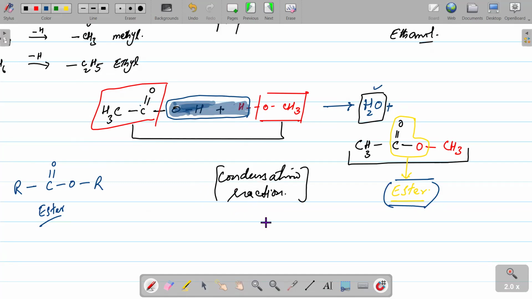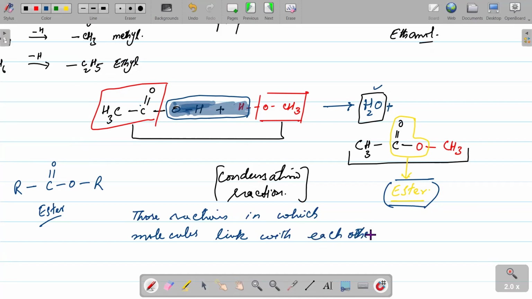So remember, condensation reactions are those reactions in which molecules link with each other by loss of small molecules, like water.